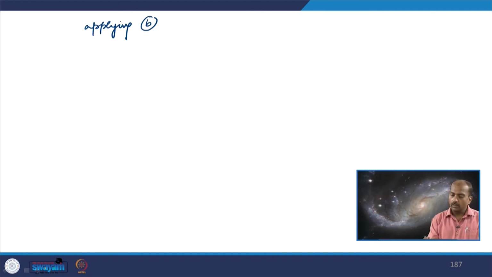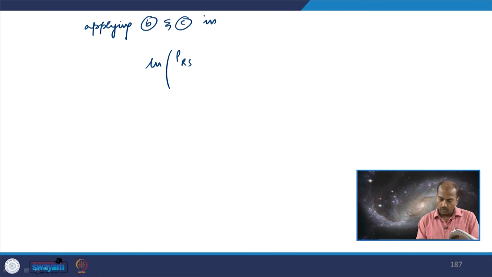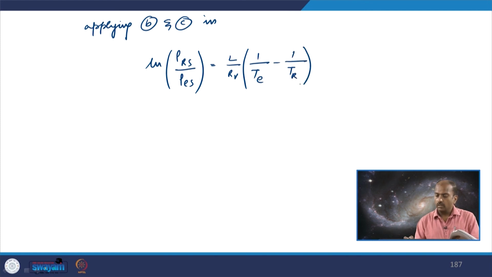Applying B and C in ln of rho_RS by rho_ES equals L by R_V times (1 by T_E minus 1 by T_R) minus ln T_R by T_E.